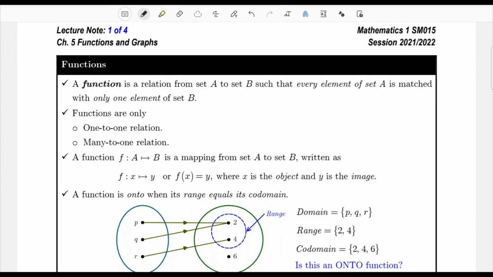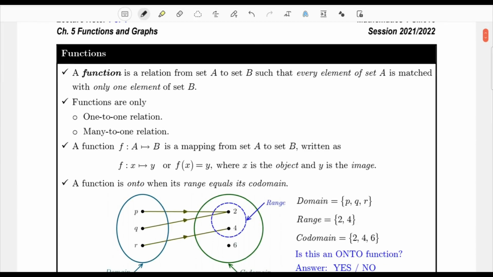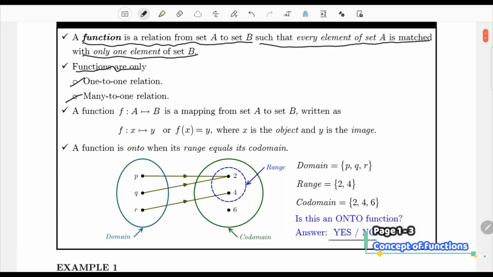Next, look at page 2. We have functions here. A function is a relation from set A to set B such that every element in set A is matched with only one element of set B. Functions are only for 2 types of relations, which are one-to-one and many-to-one.